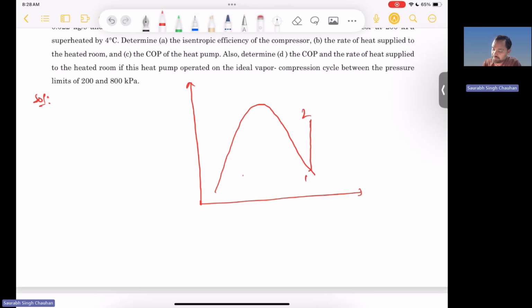So 1 to 2, it is the compressor. Then condenser, 2 to 3. Then 3 to 4 is the throttling valve, and 4 to 1 is the evaporator.